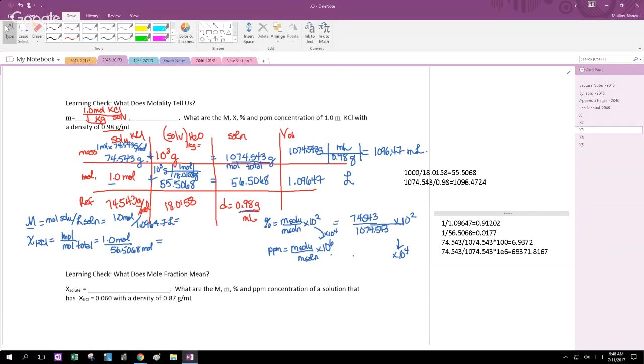And just substituting in directly into the definition, you can see that, yes, it always ends up being just 10 to the 4th times larger when you're talking about parts per million.